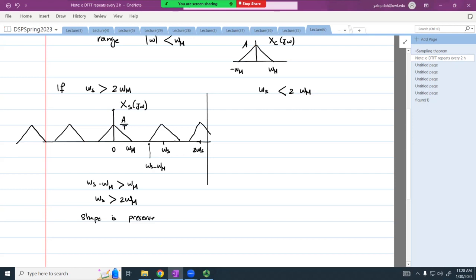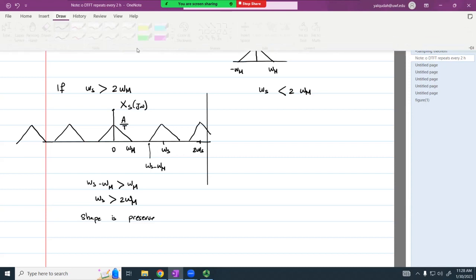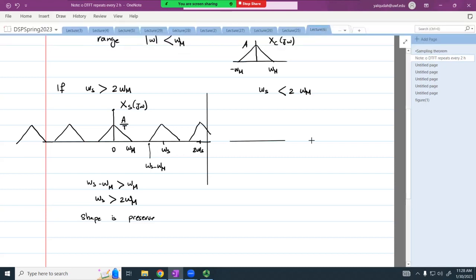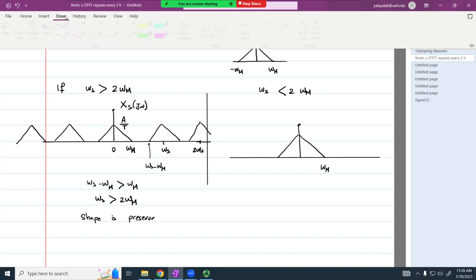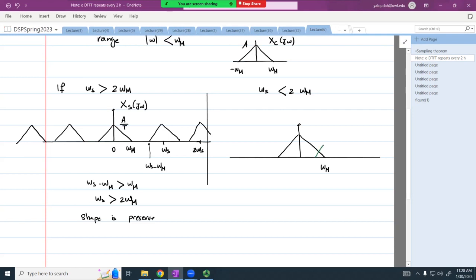Now let's see what happens if omega s is less than twice omega m. So I have my original spectrum here. This is omega m. And if omega s is less than twice omega m, that's the same as saying this is going to be before this point here. So this distance here is going to be negative. So in this case, I'm going to have replicas, but these replicas are going to be overlapping.